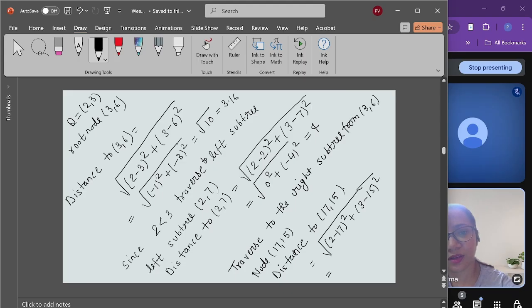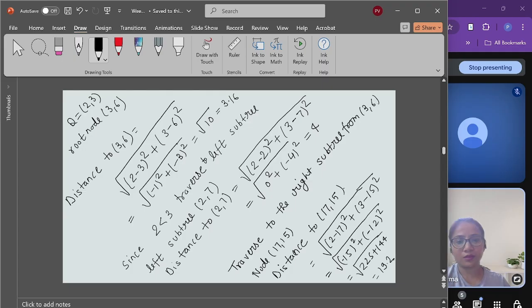So here you will get minus 15 square plus minus 12 square. So from here we can clearly say that this is not the lowest distance, it should not be. So here you will get 225 plus 144. If you just calculate, you will get 19.2. Okay, so it does not have the lowest distance.